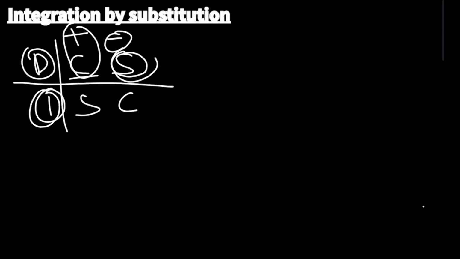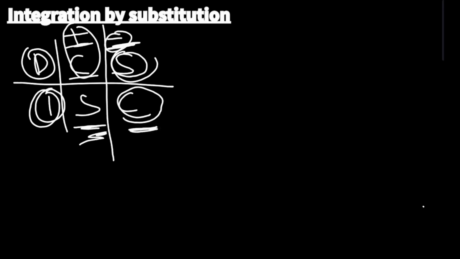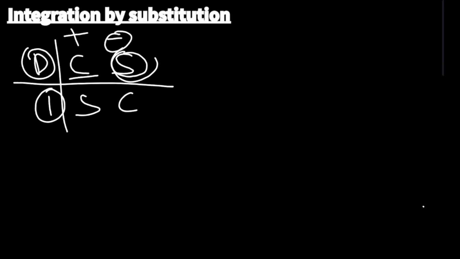The integral of sine is negative cos because of the sign here, and the integral of cos is positive sine because of the sign here. I hope that is clear. So we can start the first example.